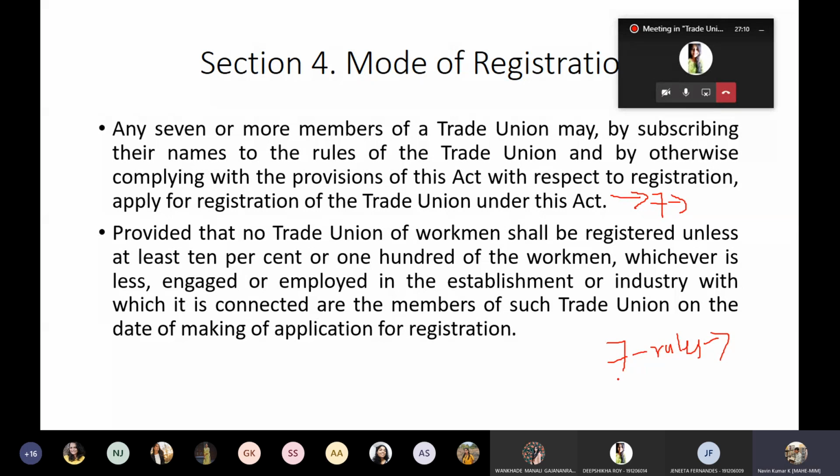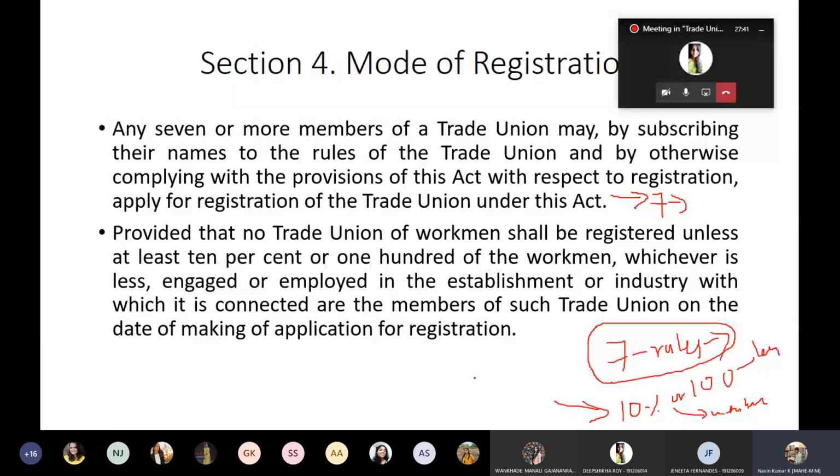Now, along with these 7 subscribers, while applying before the registrar, they must show the registrar a document proving that at least 10% of the entire total workmen, or 100 workmen, whichever is less, are the members of the union. That you need to prove.